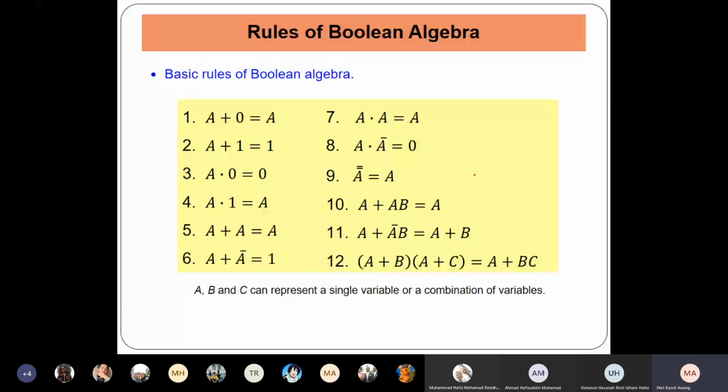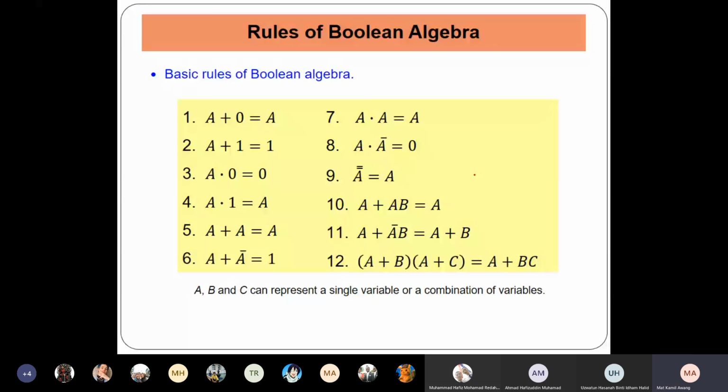What about triple bar? A triple bar is equal to A bar. If A has a triple bar, you end up with A bar. So with an odd number of bars, you have a bar. If it's an even number of bars, you get A, no bar.